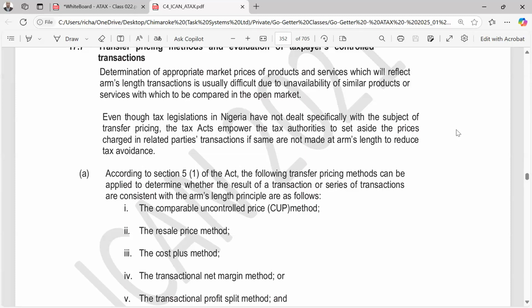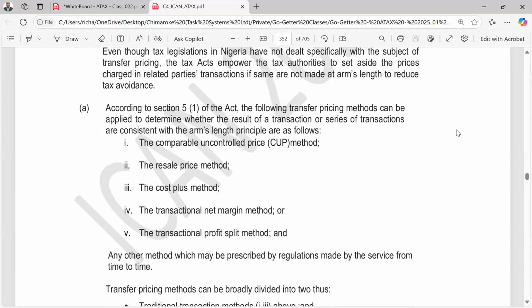According to Section 5, subsection 1 of the Act, the following transfer pricing methods can be applied to determine whether the result of a transaction or series of transactions is consistent with arm's length principles. So these are methods by which they check transfer pricing transactions to see if arm's length principles are being followed.